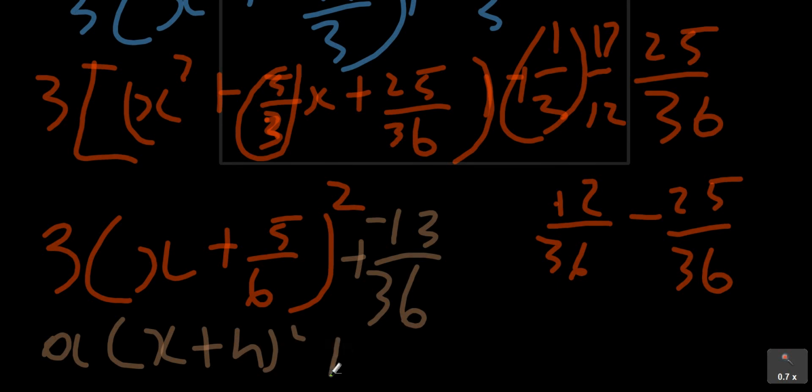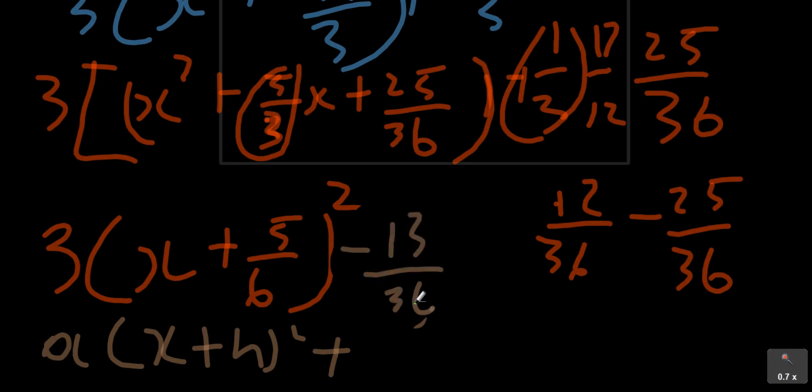The square is there, and this fraction should be negative, not positive, because when a negative and a positive clash, the negative is stronger. So this operation should be negative. We have negative 13 over 36, and this constant represents k.